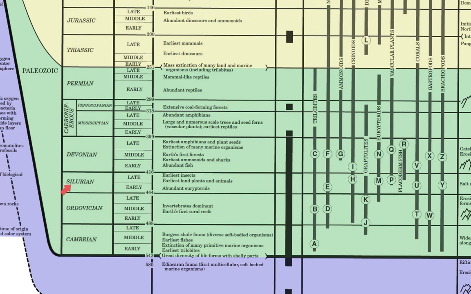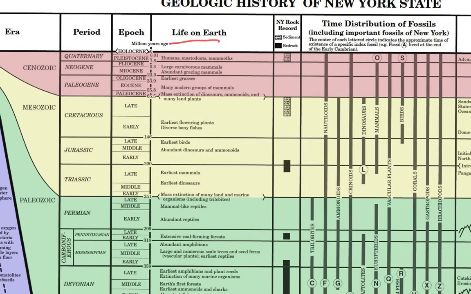When we look here, we see that it's happening in the Silurian time period. How do I know that's the time period? Well, if I scroll up, it tells me right here that those are time periods, and these are the epochs. The question was asking which time period and which epoch.